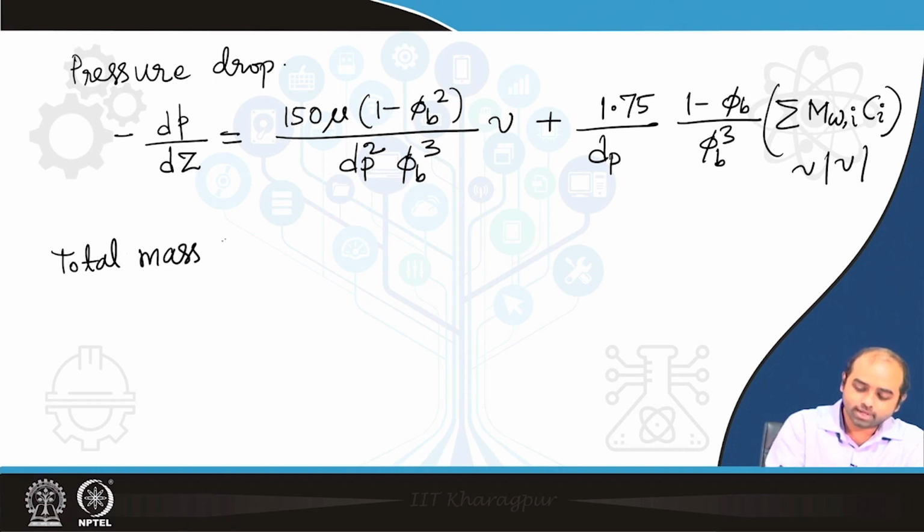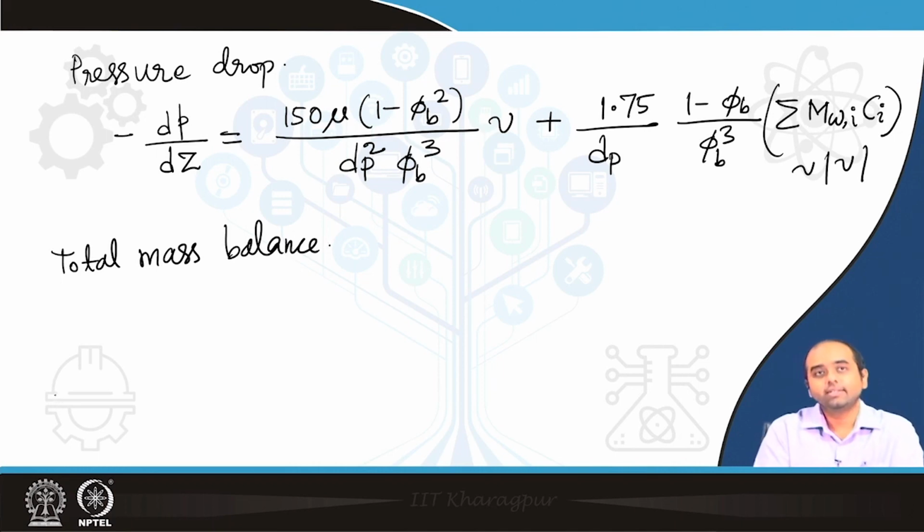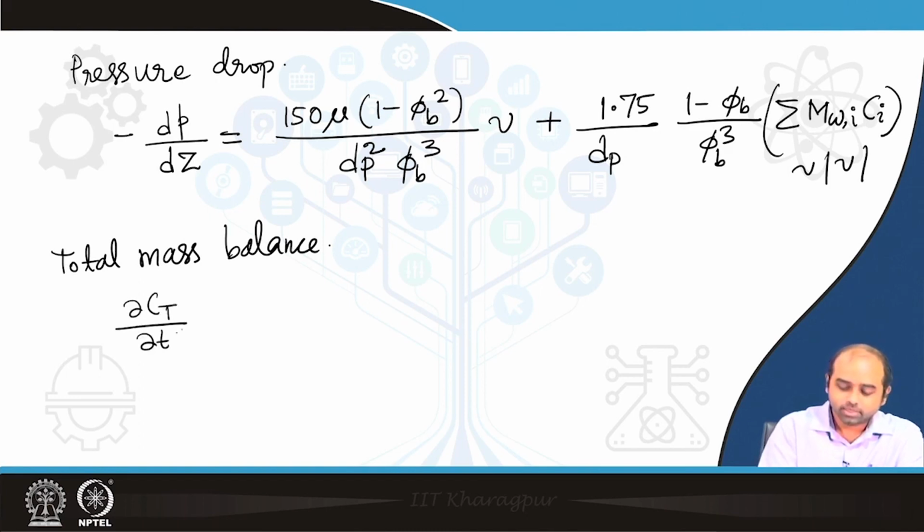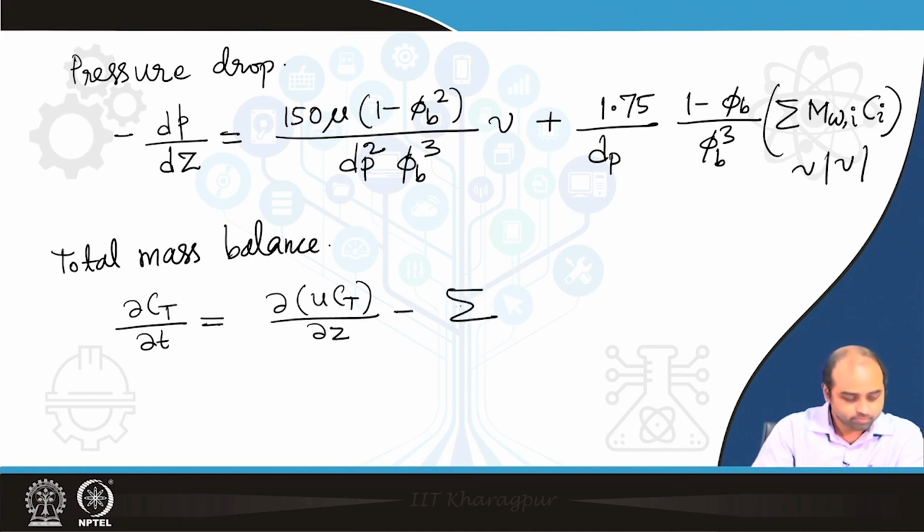From the total mass balance, what you get is the summation of the fluxes, or let us write down the flux form. Ct is the total concentration, number of components, let us say, right.